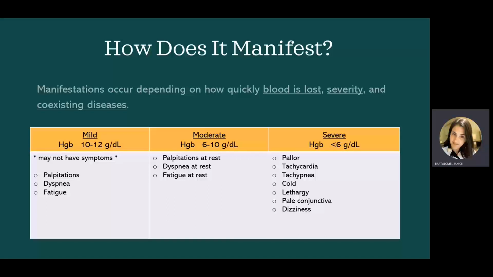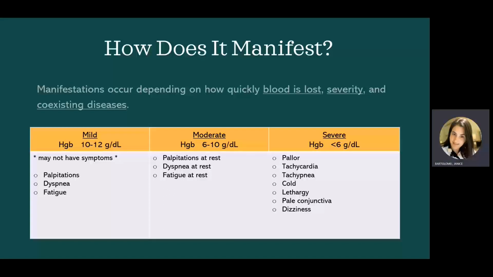So, for example, if you have someone that has respiratory issues and now they're also anemic, they might show more shortness of breath and fatigue, versus someone that is healthy, is young, and doesn't have any comorbidities. Maybe they don't experience the shortness of breath as severely.